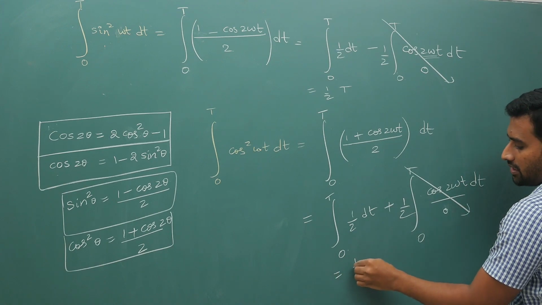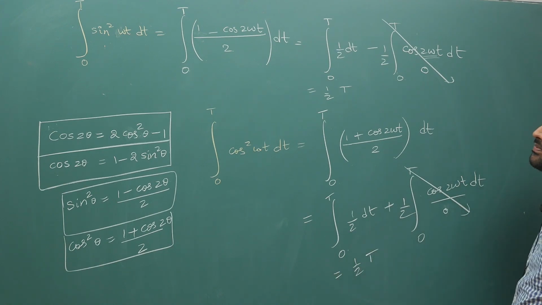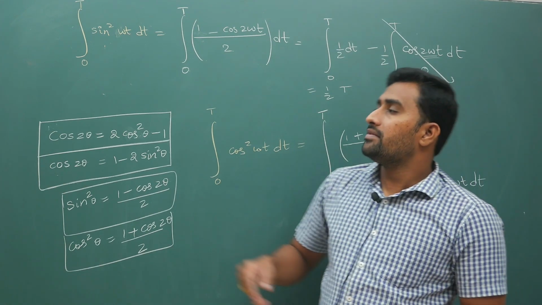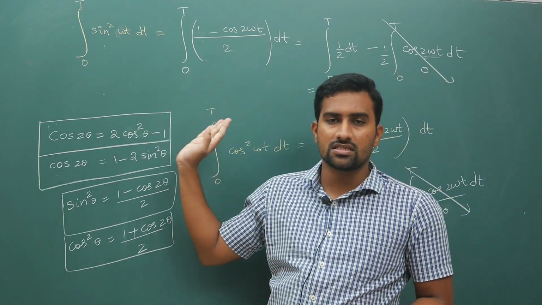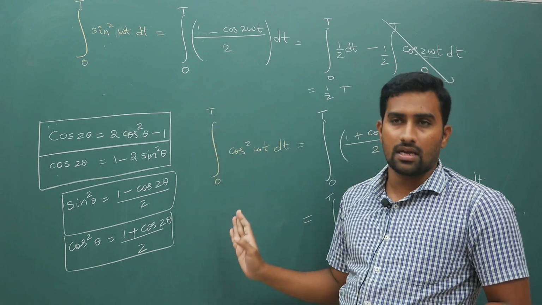So once again you are getting half of T. So for sine square and cos square you are getting T by 2. Just remember this result, it will be helpful.